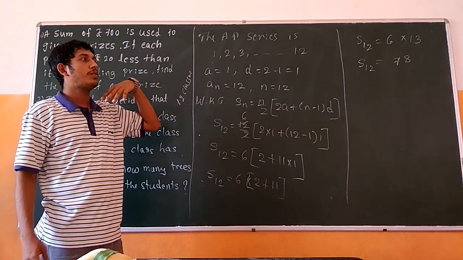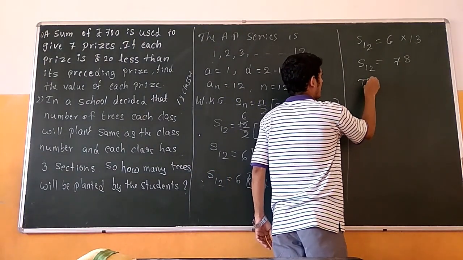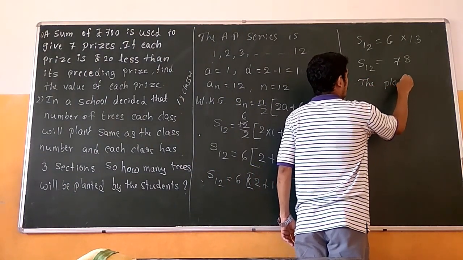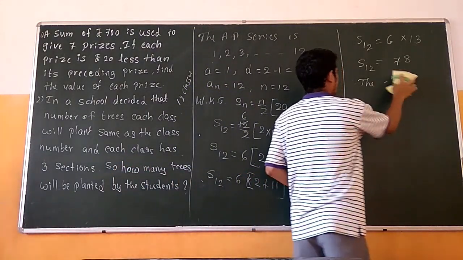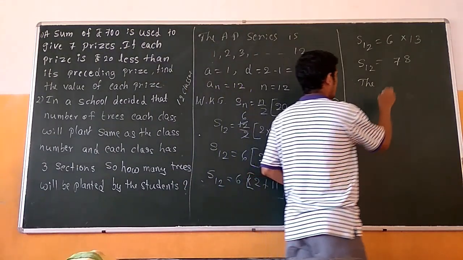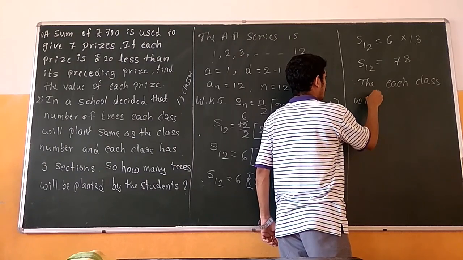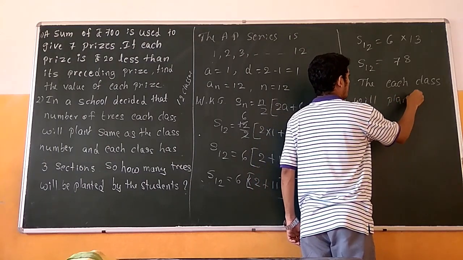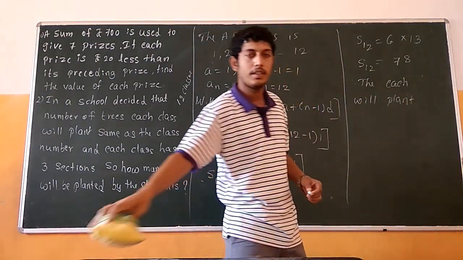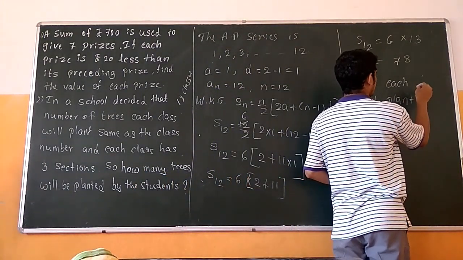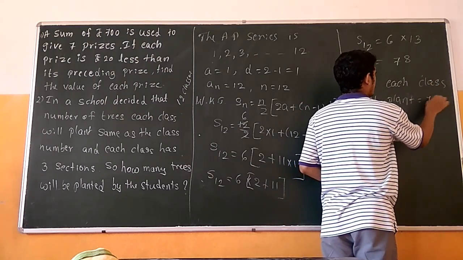So therefore totally 3 sections are there. So first I will add, each section will plant 78 trees.